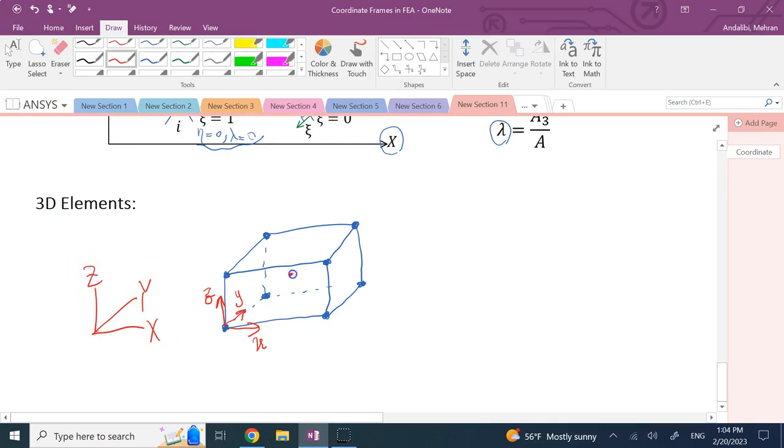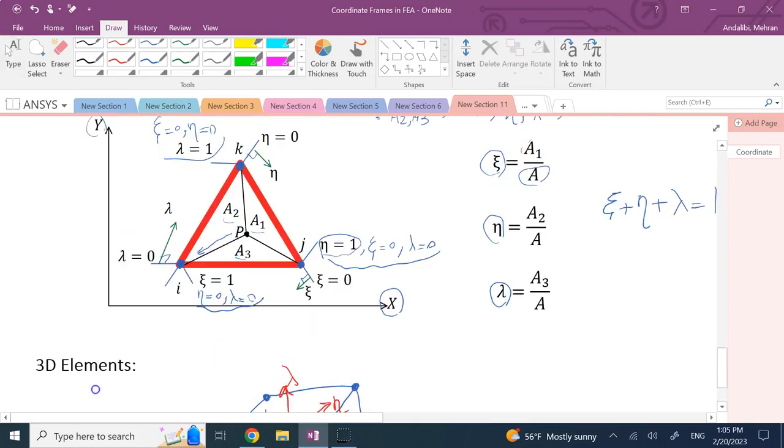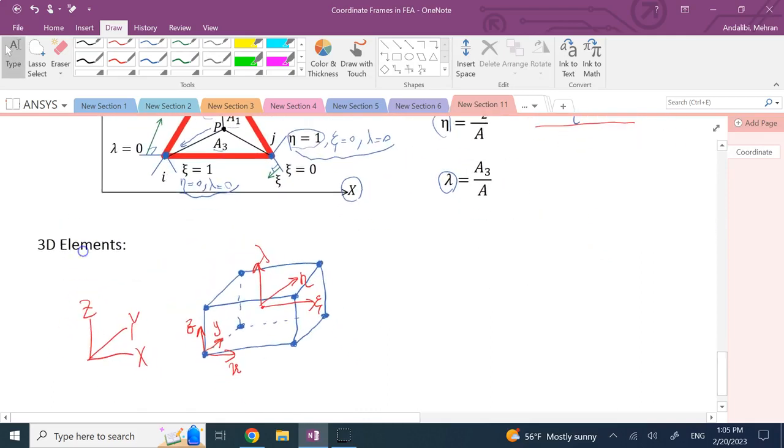And your natural frame this time is going to be in the middle of the cube. So for example, these could be chi, eta, and lambda. In this case, these three are independent from each other. They have no relation like this.